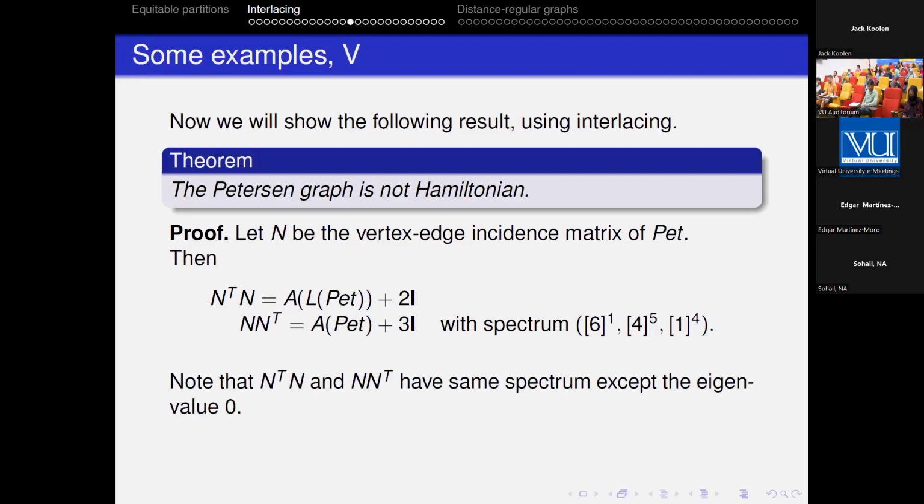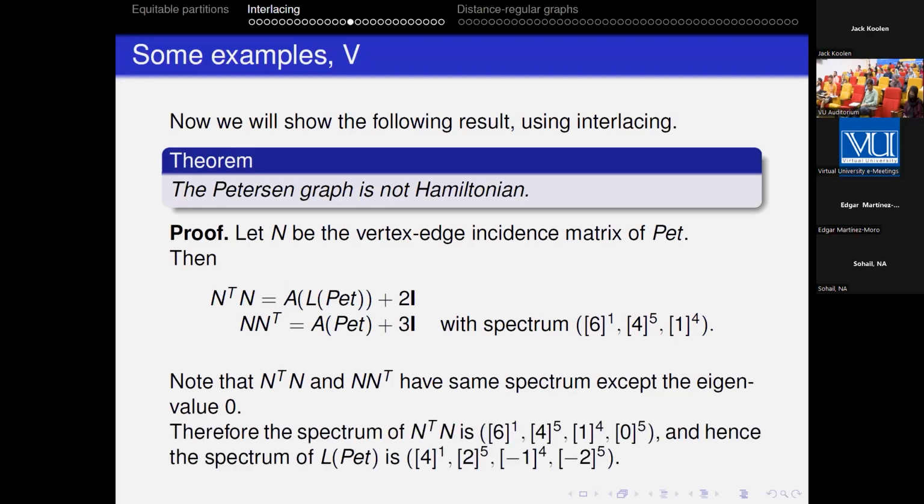It is in fact true that N transpose N and N N transpose have the same spectrum except for the eigenvalue 0. There is only a difference in the multiplicity of 0. One may not even have 0 as an eigenvalue, but once you have the other eigenvalues, you can calculate the multiplicity of 0, because usually N transpose N is not the same order as N N transpose.